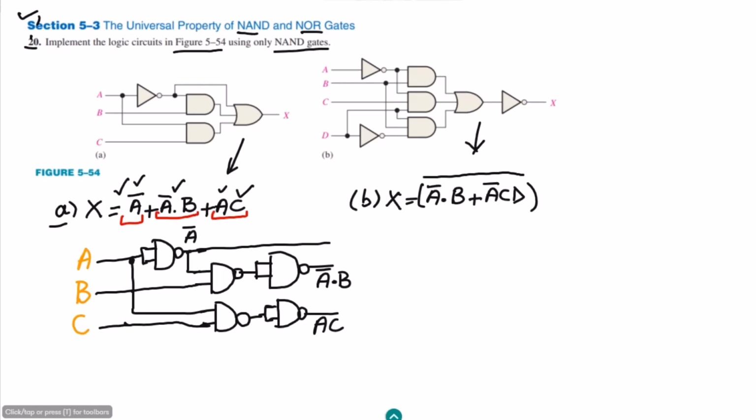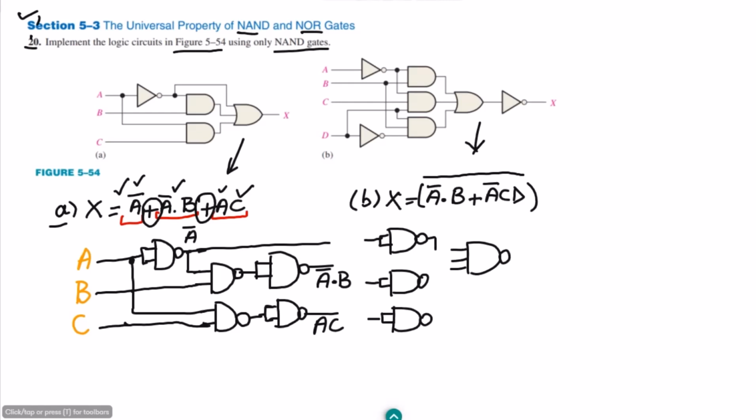After it I have to add them together, because here we can very easily see that this is the addition. For adding them together I have to use the NAND gates. Here I will have the first NAND gate, the second NAND gate and the third NAND gate. I have to combine them together, and after it apply them to the 3 input NAND gate as well.